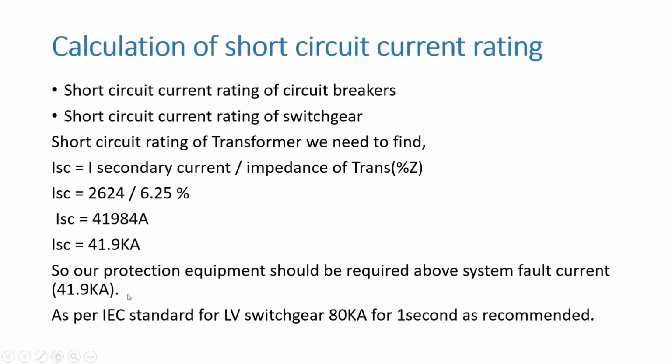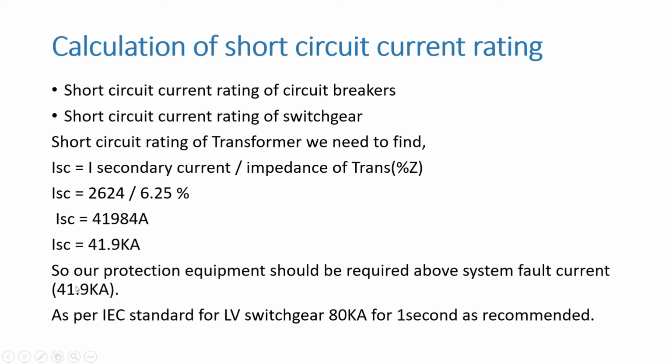This is the way you can easily finalize. You can choose either 50 kilo ampere or 60 kilo ampere, but IEC suggests for all LV switchgear a minimum of 80 kilo ampere short circuit current for 1 second as recommended.